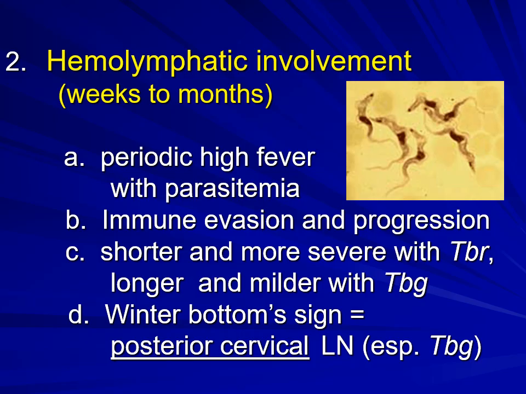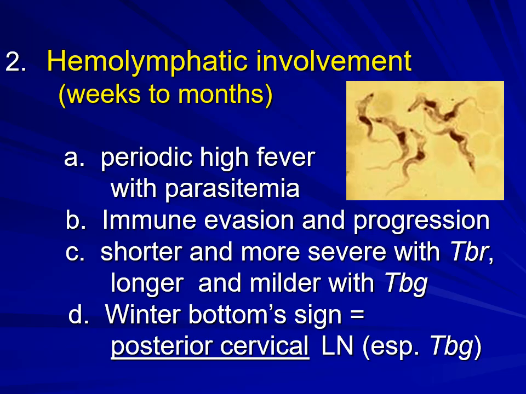This particular phase, the second phase, is shorter and more severe with Trypanosoma brucei rhodesiense, and it's longer and milder with the gambiense variety, which means that the rhodesiense is shorter but more violent, whereas the gambiense is longer but milder in illness.